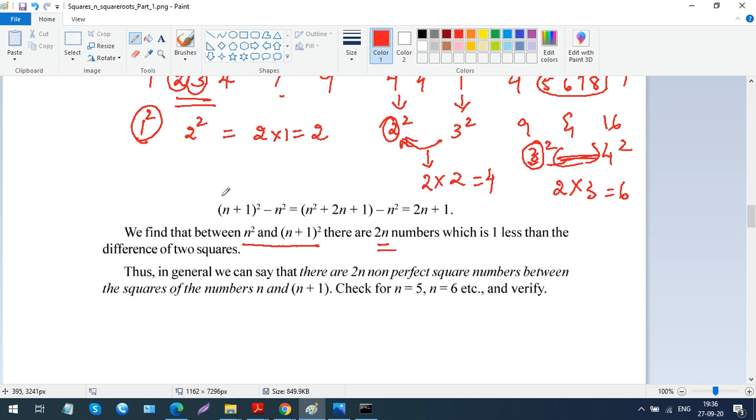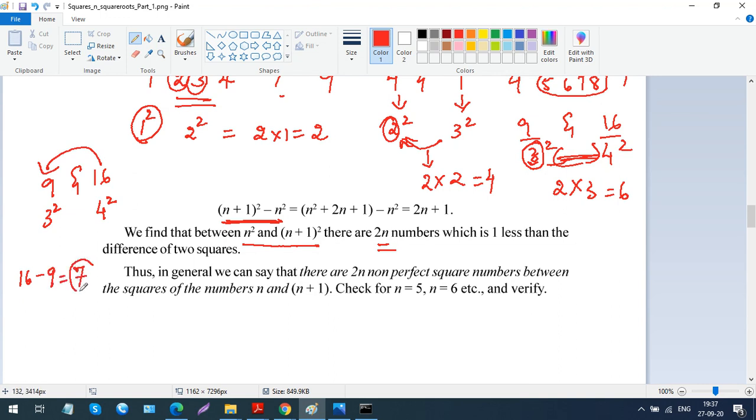Now you see, there's another way of doing it. Look at this. If you subtract the squares, like if you have 9 and 16, and I want to find out how many numbers are there between 9 and 16, that is between 3 square and 4 square, I just subtract these two. 16 minus 9 gives you how much? 7, right?